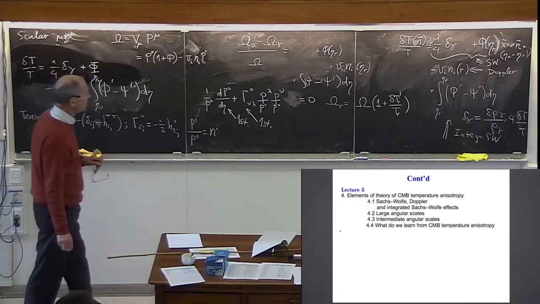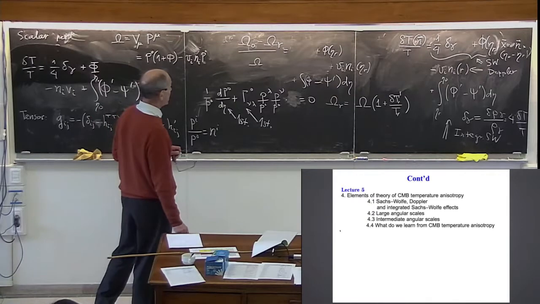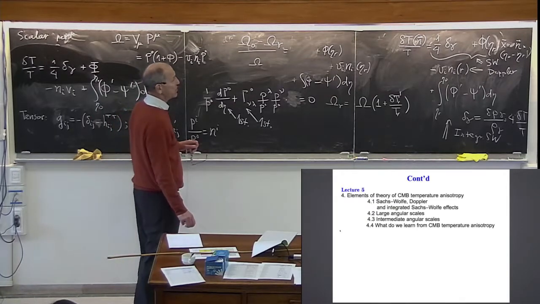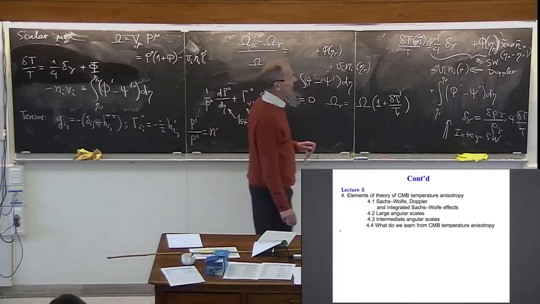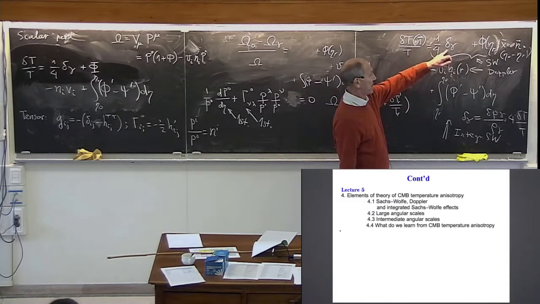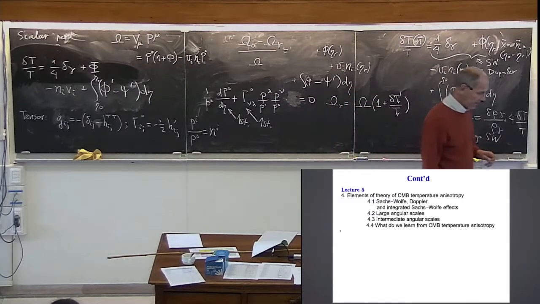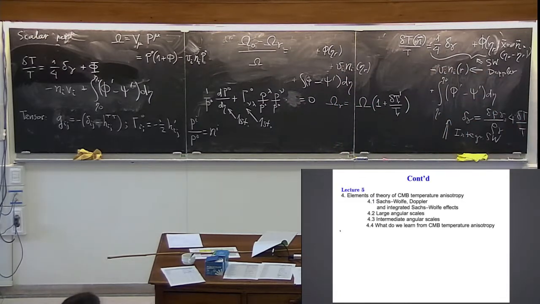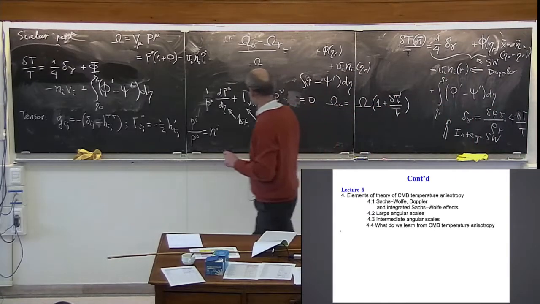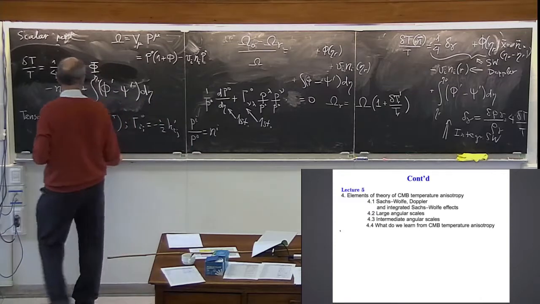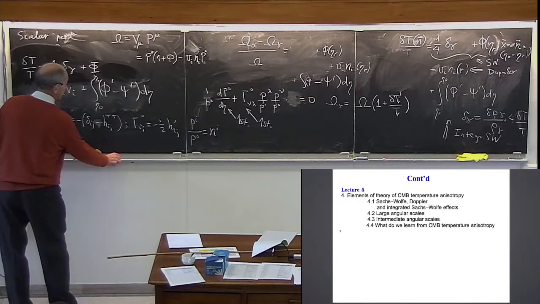Now for tensor modes, I can do the same thing, but for tensor modes everything is simpler because there is no delta gamma, neither phi. The only thing that remains there is the Christoffel. Okay?